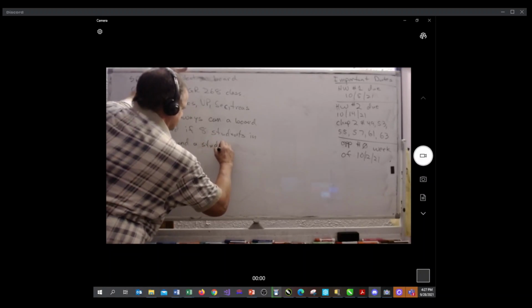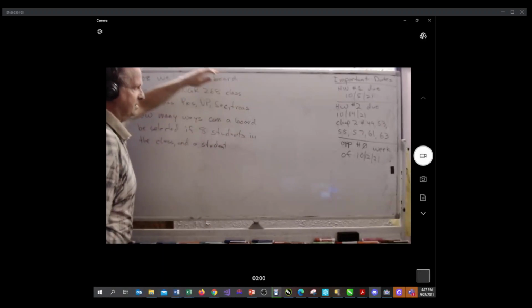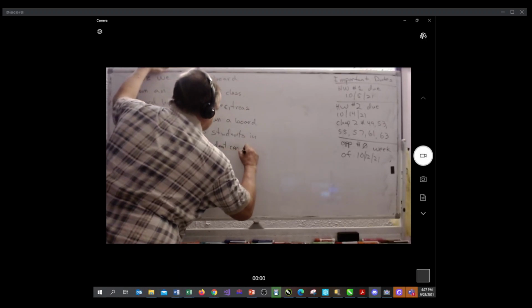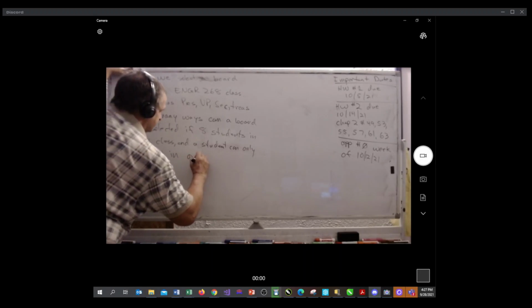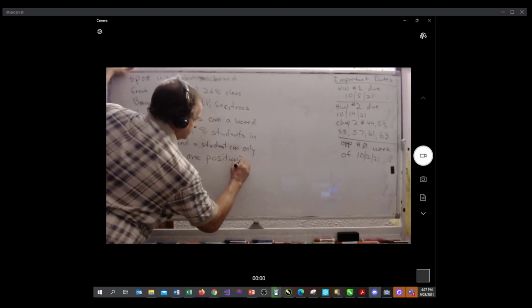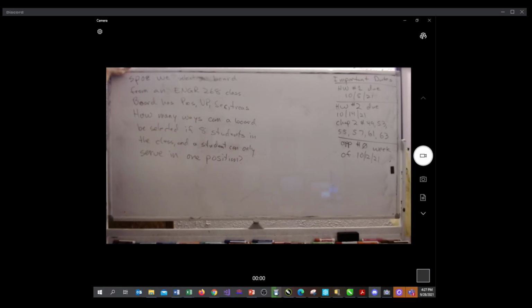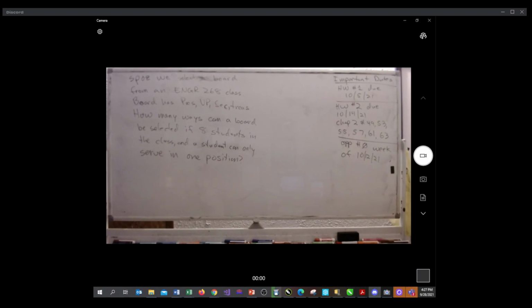Does that make sense? In other words, you couldn't have the president also be the treasurer. Okay. I assume you've done something like this before. I assume. Is that correct? Maybe.